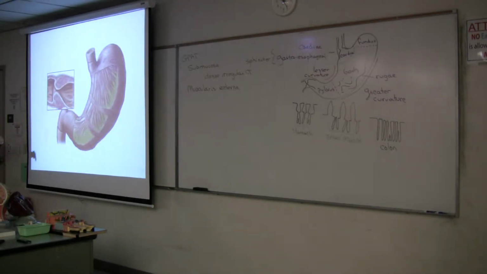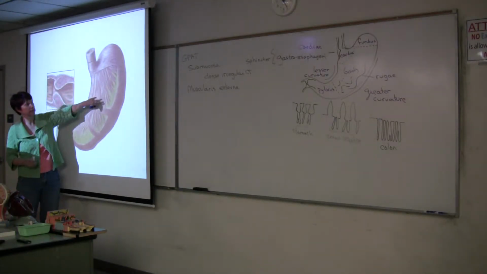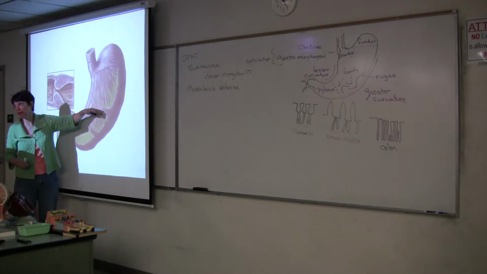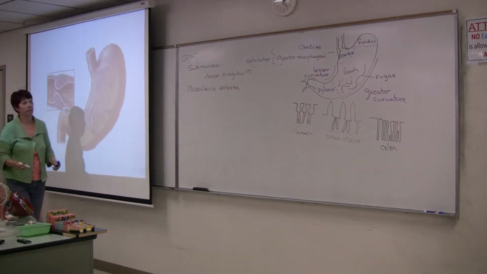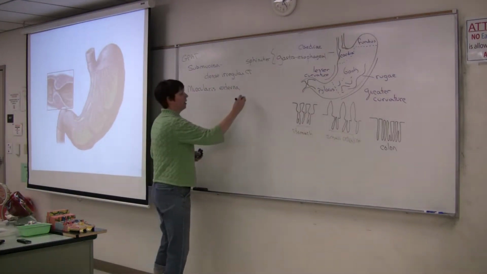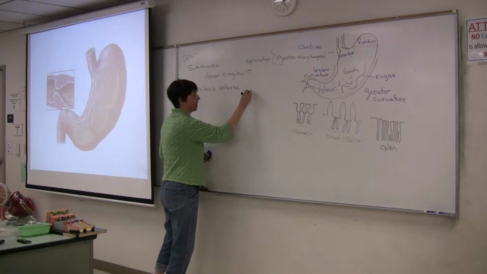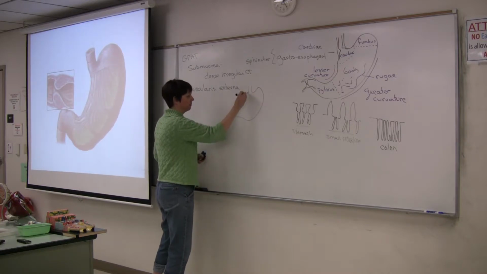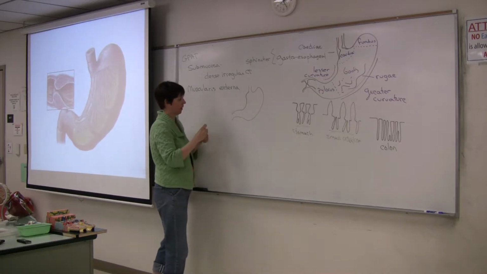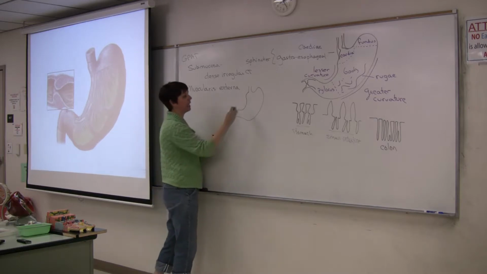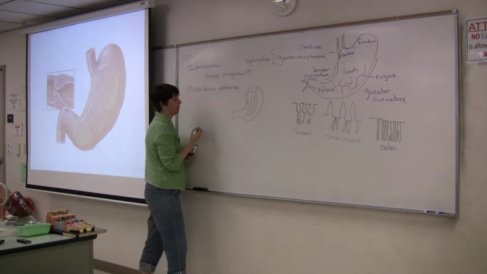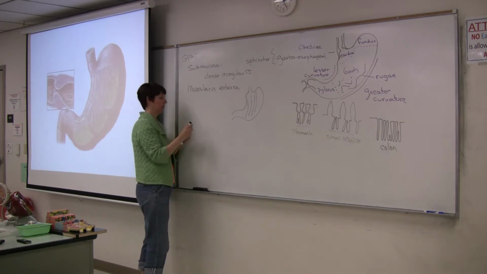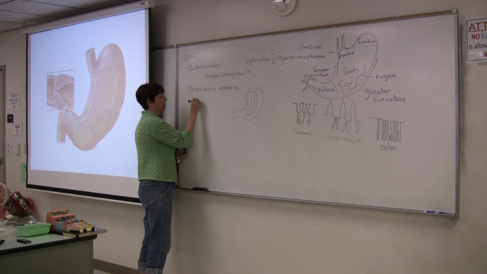All right, so here would be the oblique fibers, and then we have circular fibers and longitudinal fibers. I'll draw a smaller stomach here that I can put the muscles on. So we're going to have oblique. That's the innermost oblique, or the deepest layer.